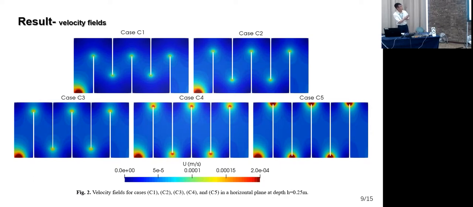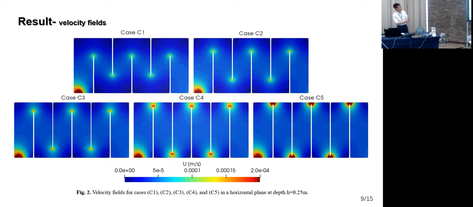These 5 figures all have the same baffle numbers, but the baffle lengths are different, ranging from 0.4 to 0.58 meters. And you can see they all have the same relatively high velocity area near the inlet, due to the same inlet setup.